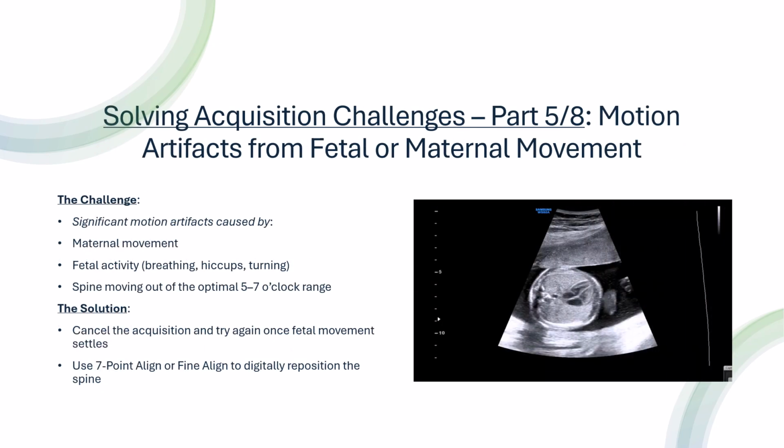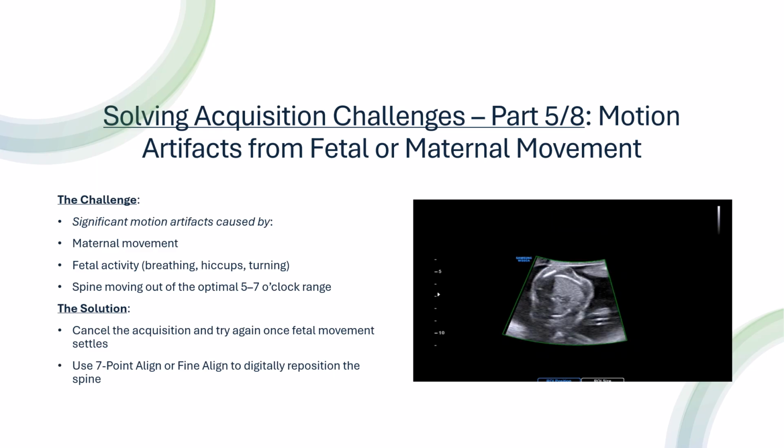Significant motion artifacts can compromise the STIC volume. These are often caused by maternal movement, fetal activity like breathing, hiccups, or turning, and especially when the spine drifts outside the optimal 5 to 7 o'clock range. If motion artifacts are detected, cancel the acquisition and try again once the fetus is calm.